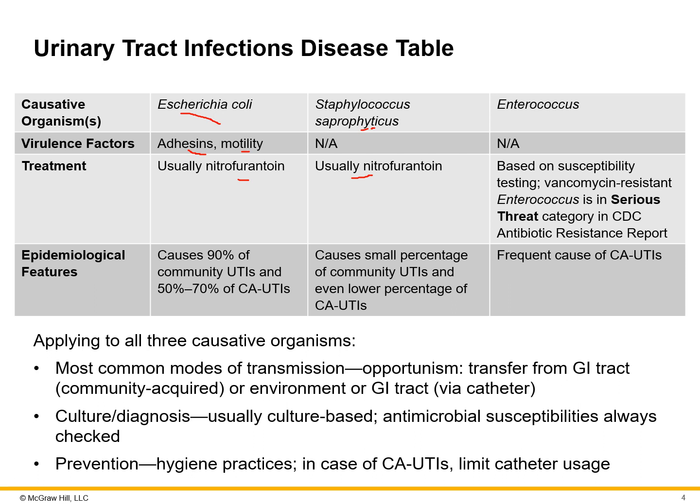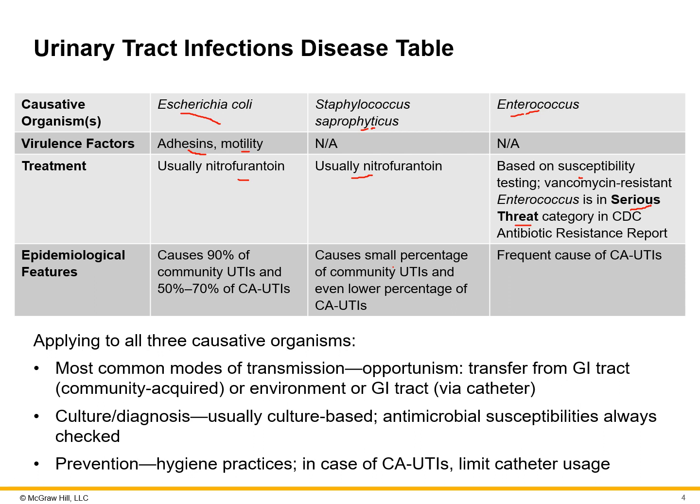Again, it is a smaller percentage of those UTIs. And then our Enterococcus: the treatment is based on susceptibility testing. So depending on which antibiotic is available and which one it responds to. This is a serious threat as categorized by the CDC.